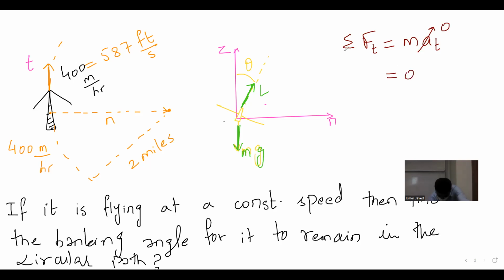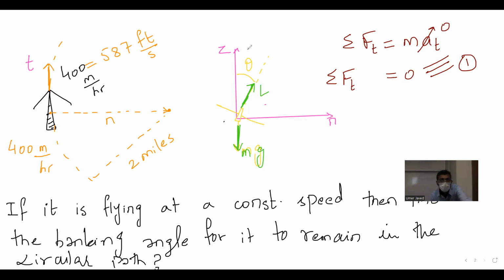So summation F_t equal to 0. Do I get any information from here? No. The thrust produced by the aircraft and the drag it faces, both of them combine together to make sure that it goes in a constant speed. There is nothing I can do with this equation.